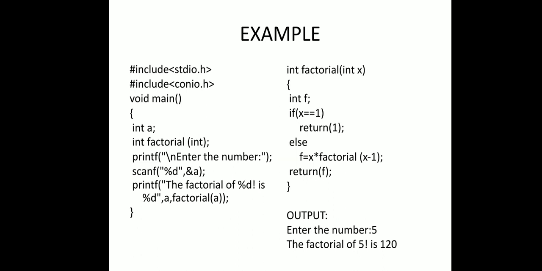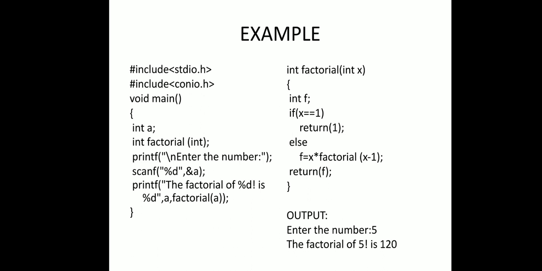Another example of recursion is the evaluation of the factorial of a given number. You all know how to find the factorial of a number, right? The factorial of a number n is expressed as a series of repetitive multiplications.